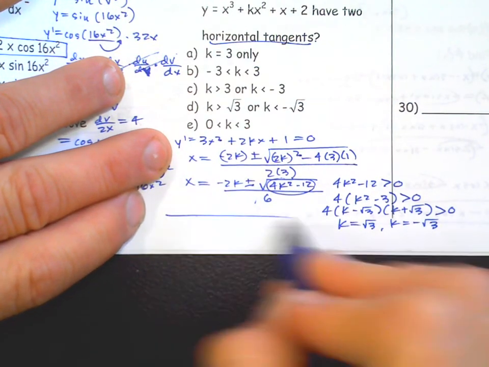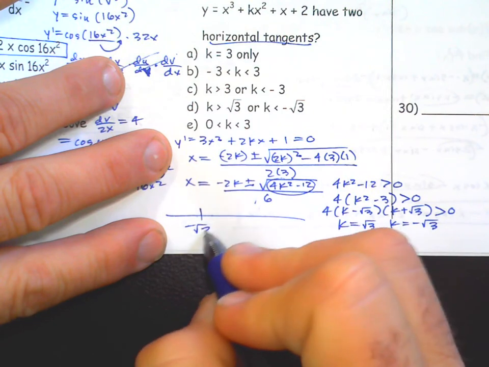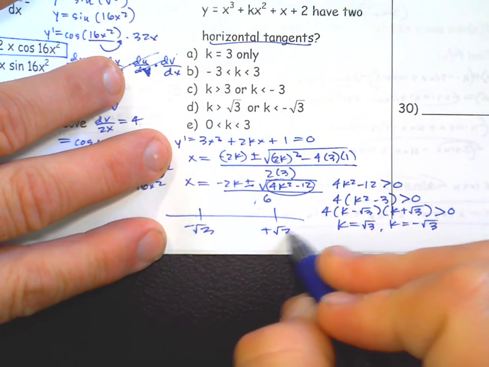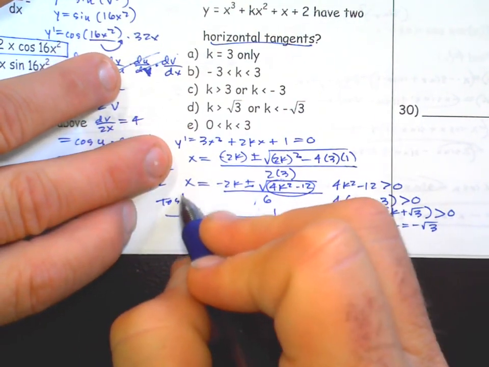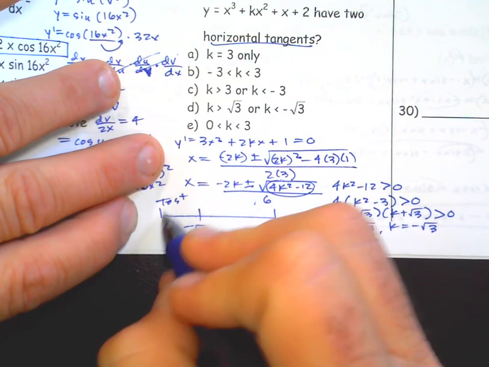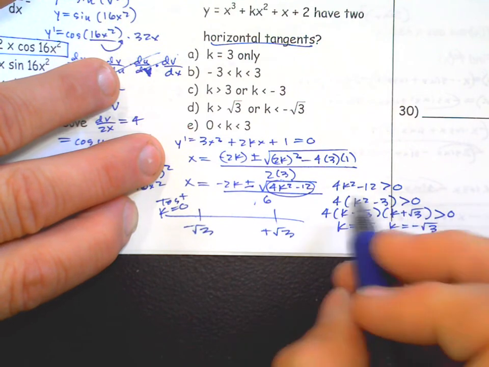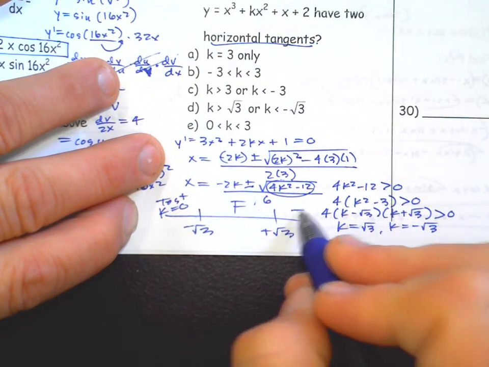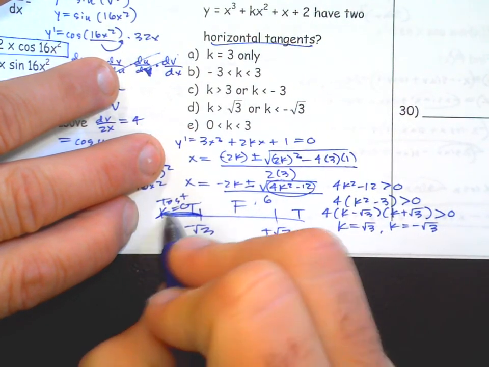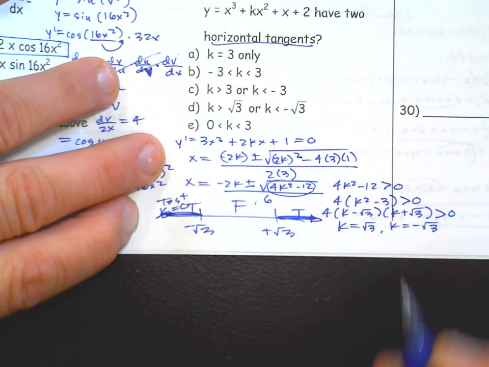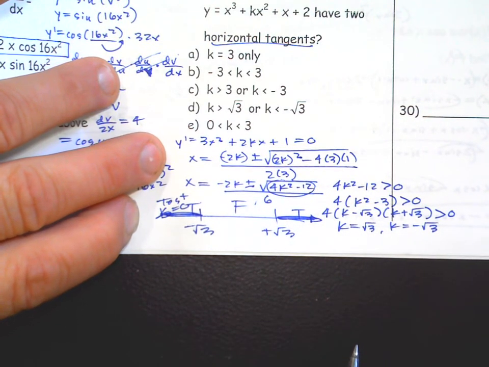So line check, negative root 3, positive root 3, test a value. I think 0 might be a good one for k. And it comes out negative, so it's false, true, true.